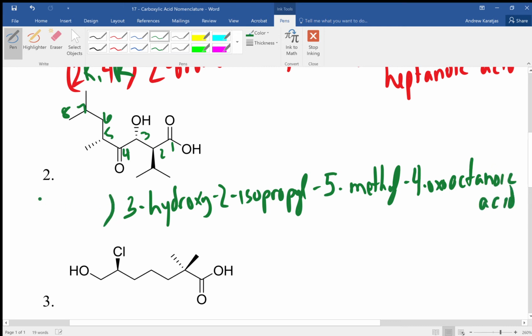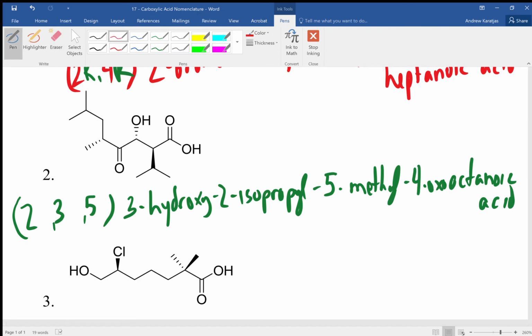We need to do our chiral centers, which are at 2, 3, and 5. Carbon 3.